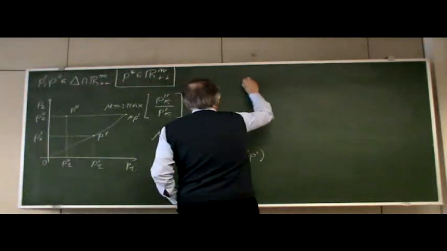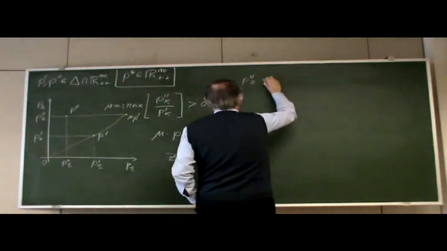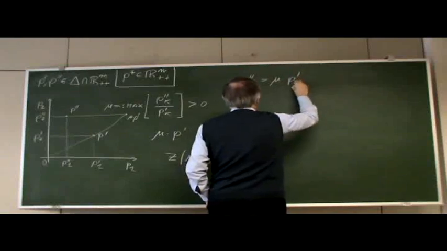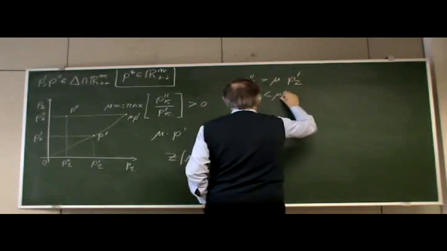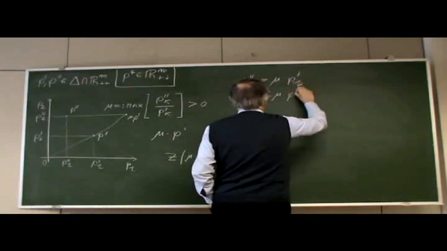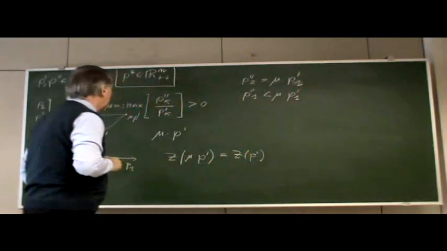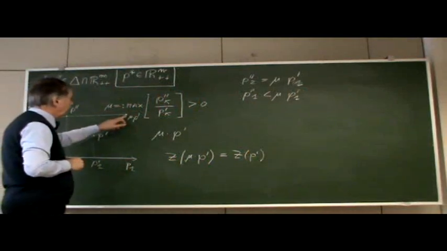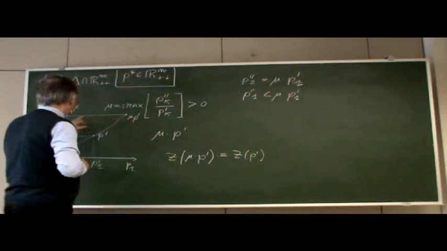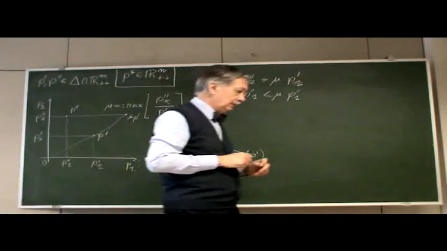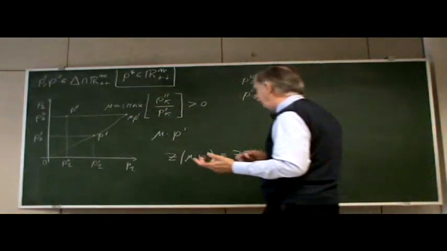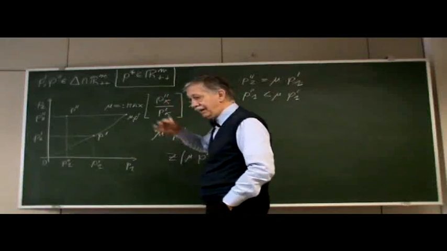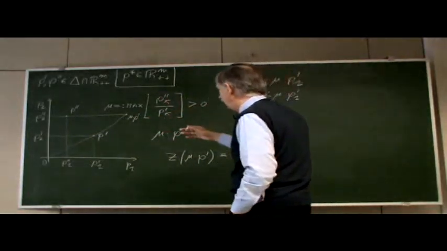So the second component of this vector mu times p prime is equal to the second component of p double prime, because the price of good 2 is the price for which this ratio is maximum, while the other is inferior.